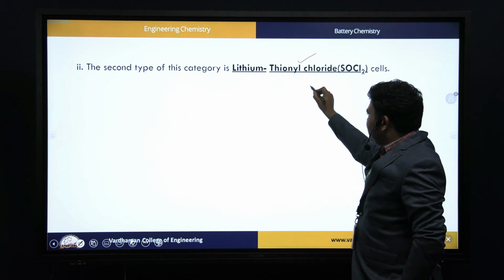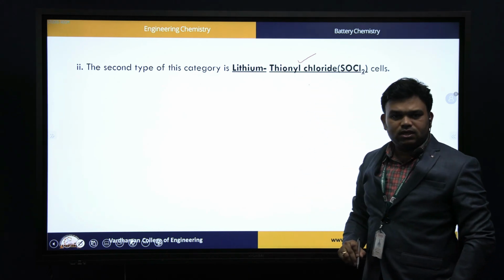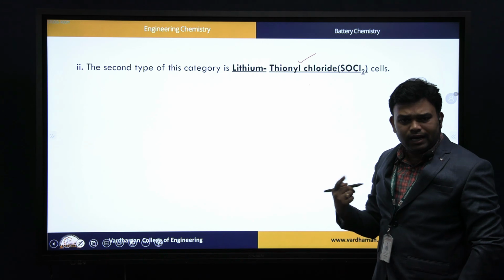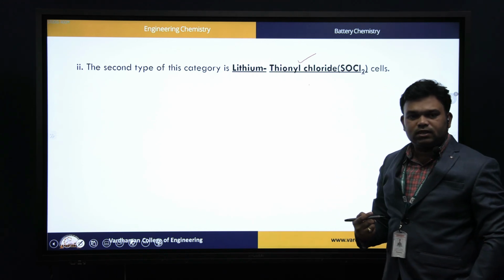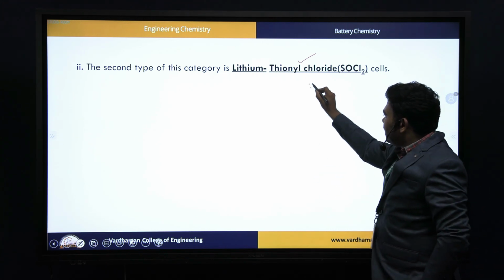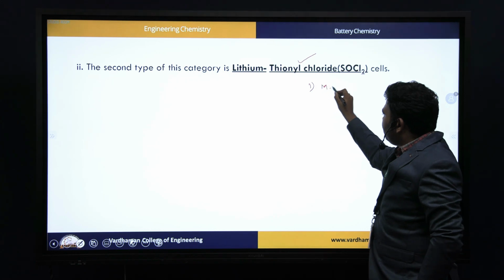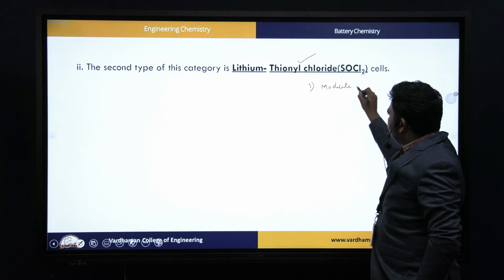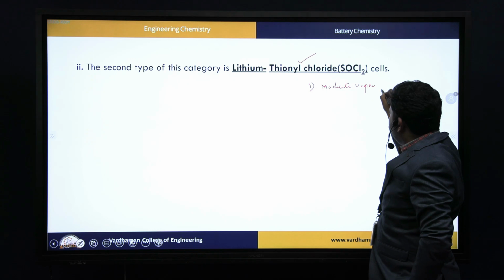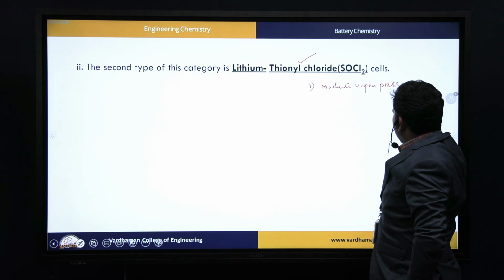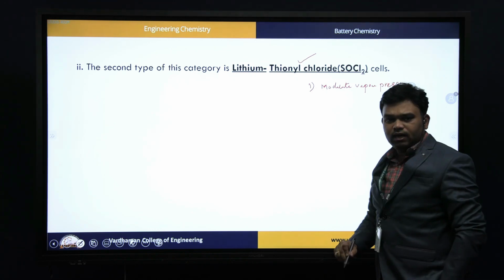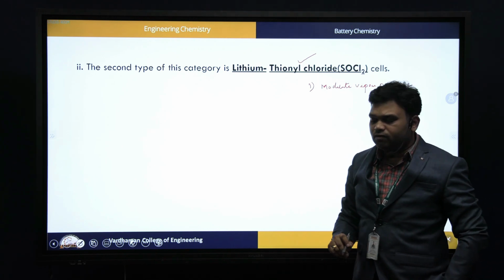There are some reasons to prefer the lithium thionyl chloride cell over the lithium sulfur dioxide cell. The first reason is that thionyl chloride has a moderate vapor pressure, which is very good for the functioning of the batteries.